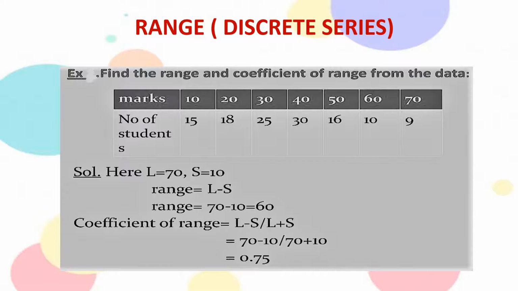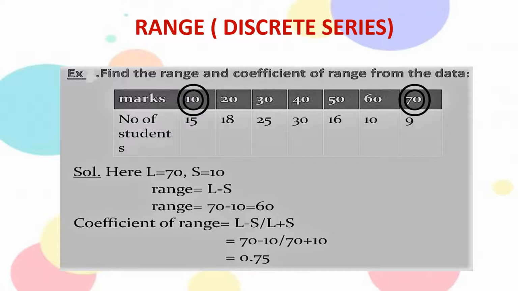So even if the frequency values are very high or very low, that is not going to affect the range value. From this data you can observe the maximum value is 70 in marks, that is in the variable, and the lowest value is 10. So L is 70 and S is 10.